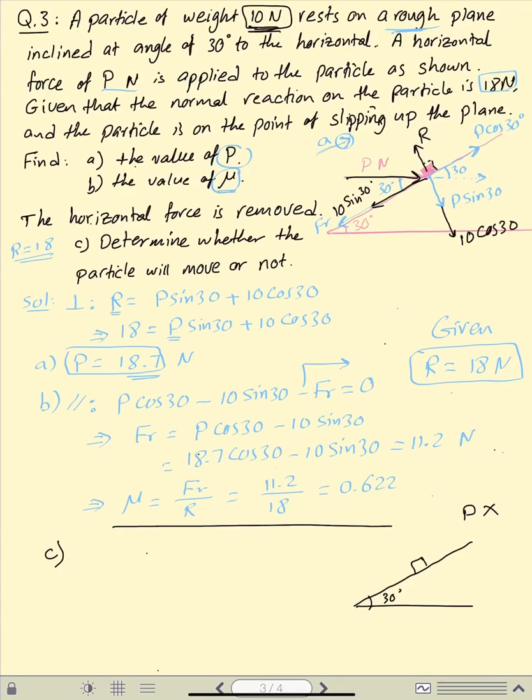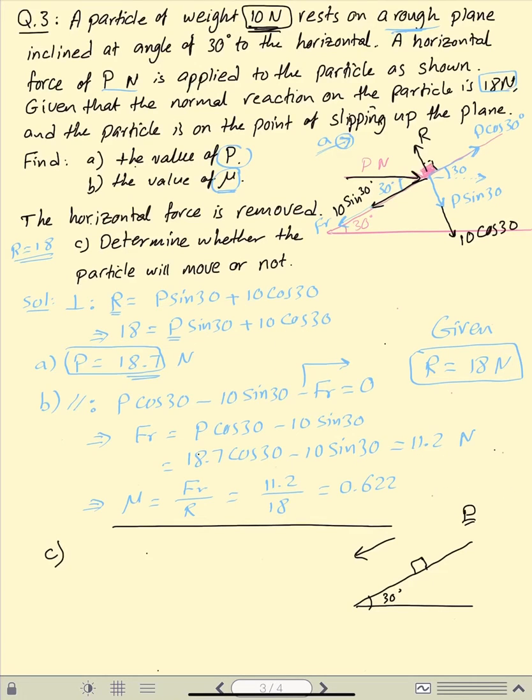Like they said, it was on the point of slipping up the plane. But now, when we remove this, the particle may move down the plane. Look at the language, may move, because he's not sure. He's saying we determine whether or not the particle moves. How do we do this now that P is gone?